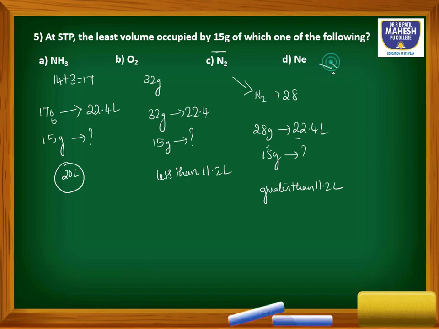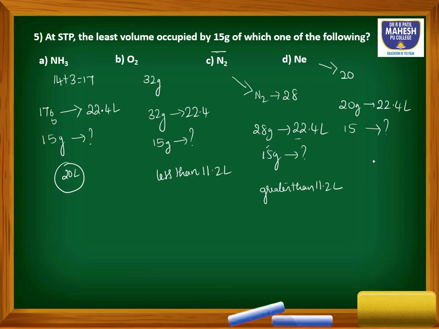Okay, next question is neon, that has atomic mass of 20. 20 gram occupies the volume 22.4 liters. Then 15 occupies how much? See, 15 means it is 75%. Am I correct? 75%.